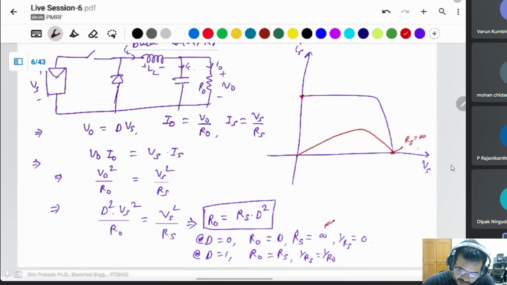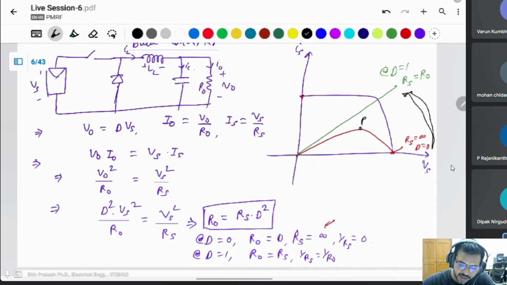This will be at d equal to 0. At d equal to 1, it may be here. R is equal to R naught. It means the duty cycle from 0 to 1 will vary from here to here.